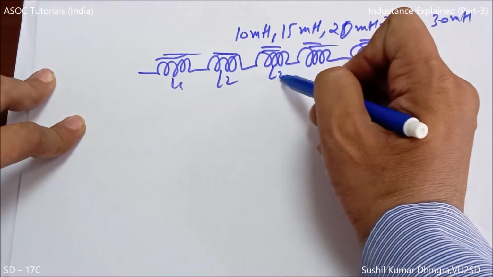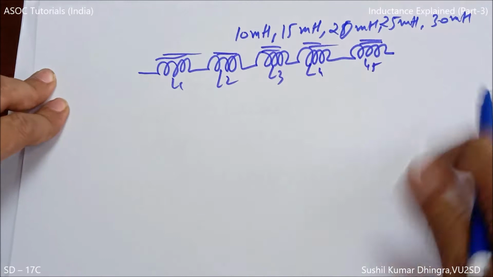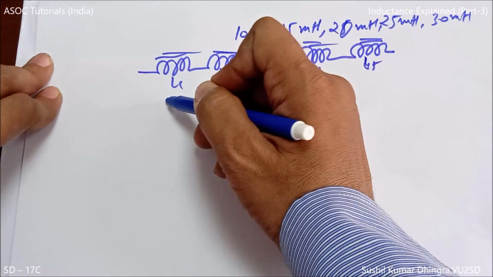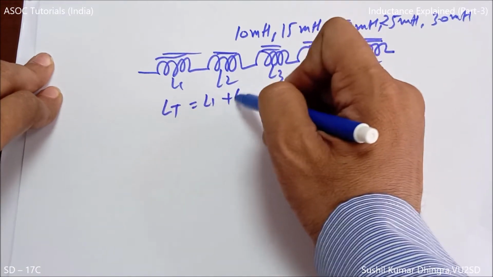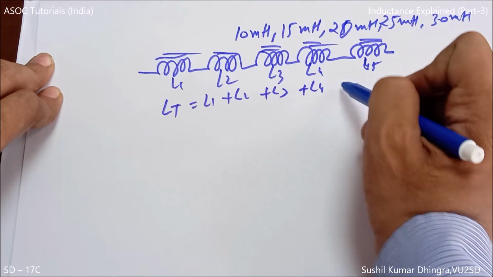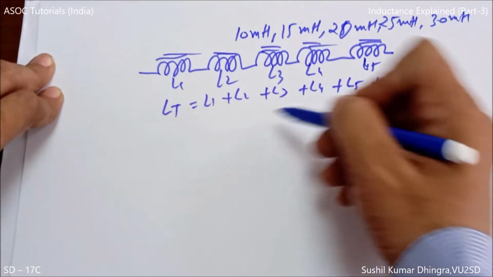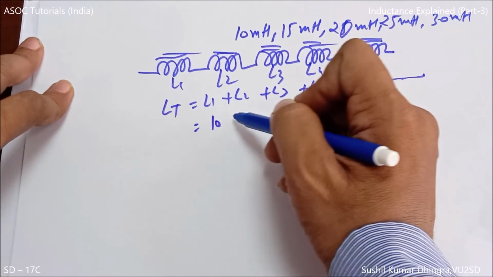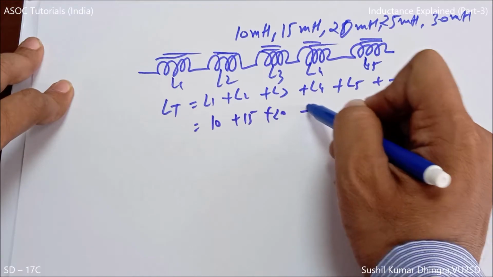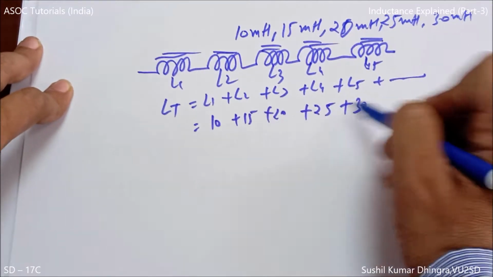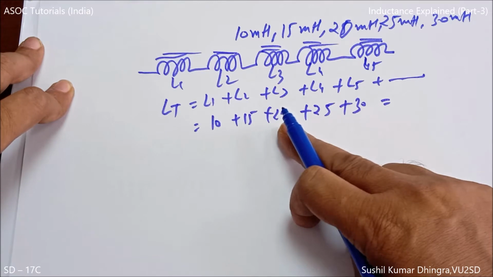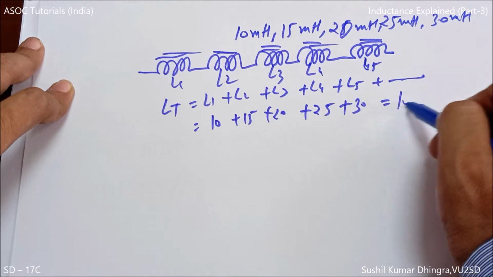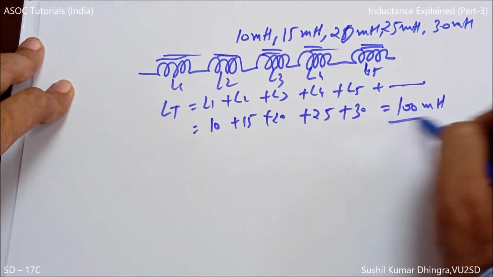L1, L2, L3, L4, L5 are connected in series. So as per resistance you have done previously, LT will be equal to L1 plus L2 plus L3 plus L4 plus L5 and so on. Now you have to calculate it. It is so simple. 10 plus 15 plus 20 plus 25 plus 30. 10, 20, 30, 30, 60. Keep 60 on one side, 15 and 25, 40. 60, 40, 100. Very simple, 100 millihenry. This is the answer.